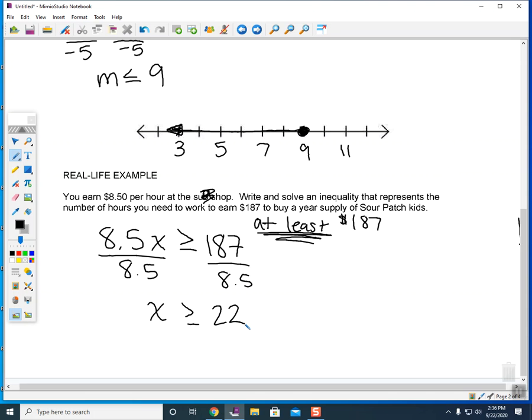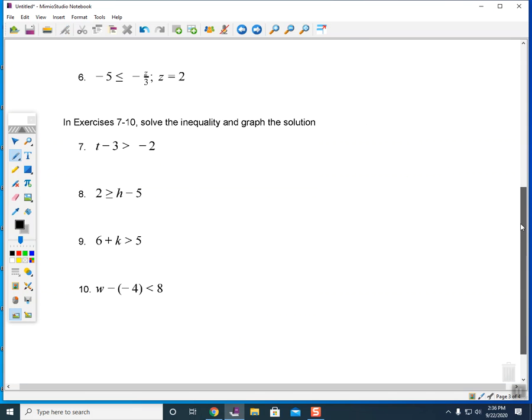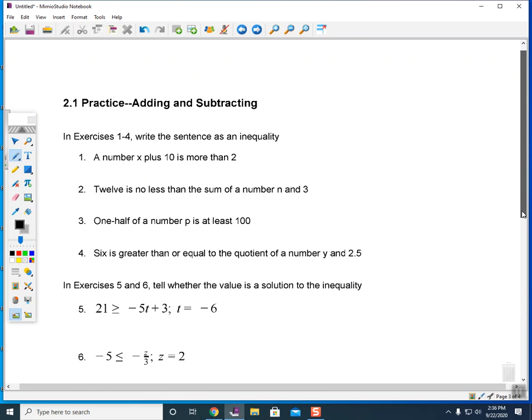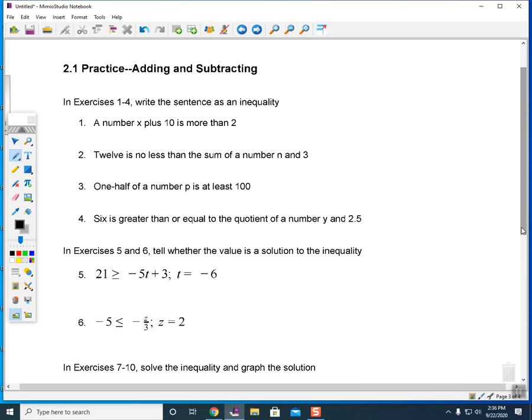Okay, the rest of this packet, this note sheet then, is just some practice for you. So I've got 2.1 practice on the front. That's all about adding and subtracting inequalities. So like this first one, when I have sentences like this, I think it's helpful to write things out as I read them. So right here I have a number x plus 10.